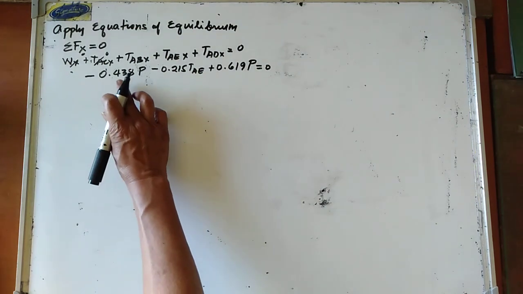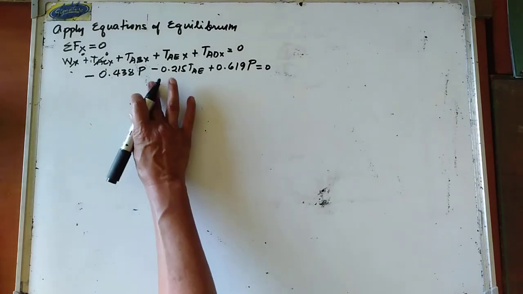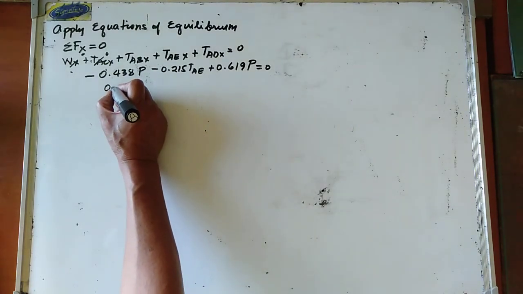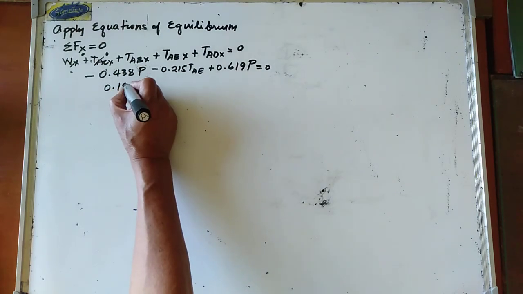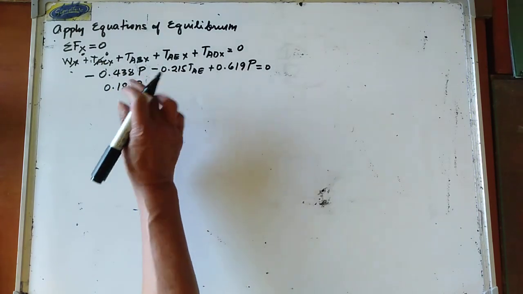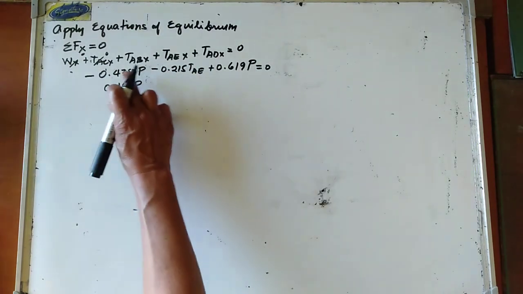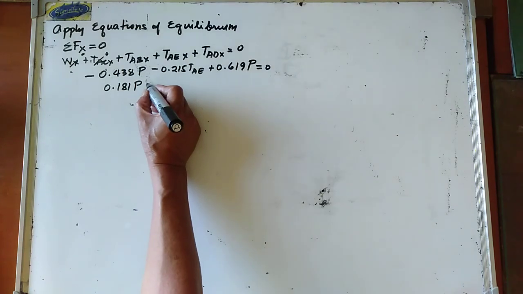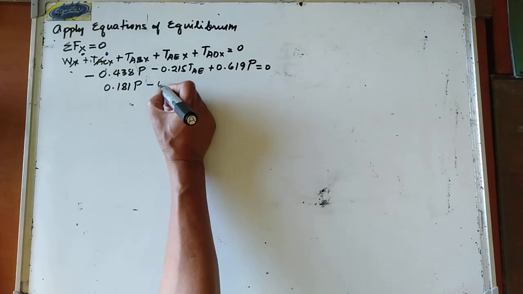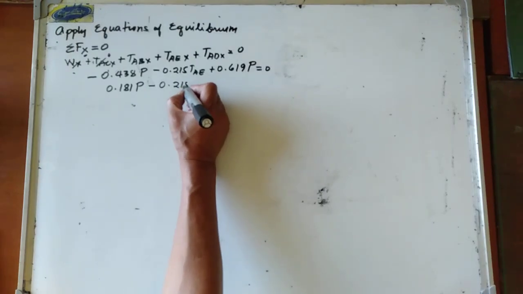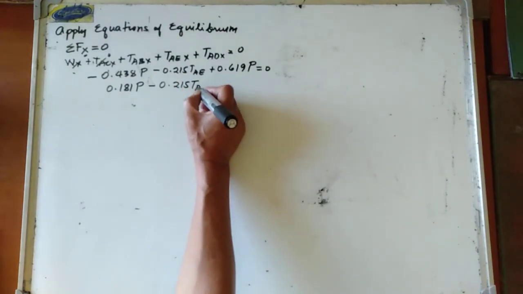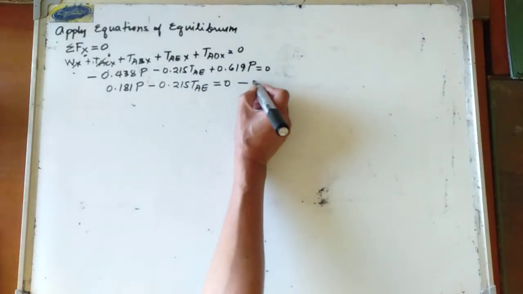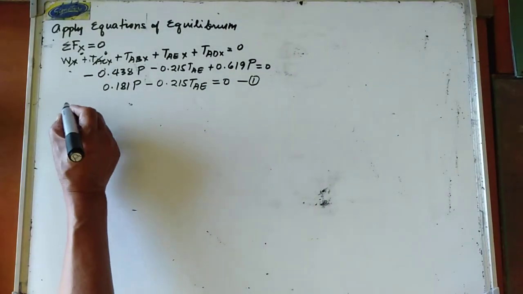So we have now 0.181P, combining these two terms in here, that is 0.181P minus 0.215 TAE is now equal to 0. Again, that is the first equation.